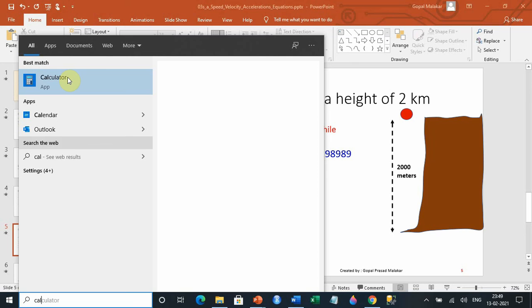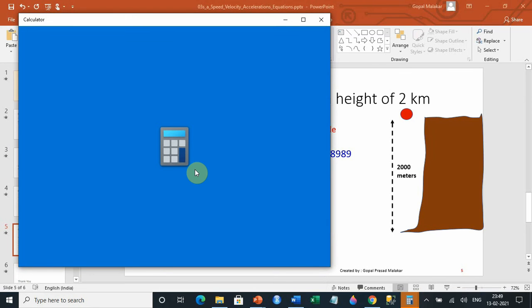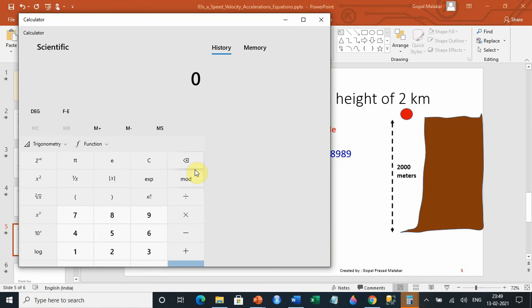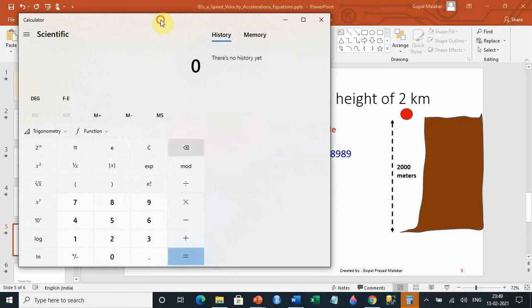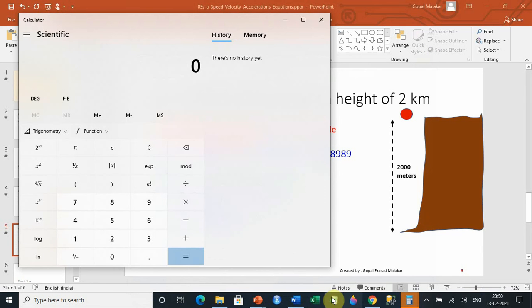Let me open the calculator in standard mode. It has opened twice, let me close this once. What is the advantage here? That here you can do all these things like square root and all those things.